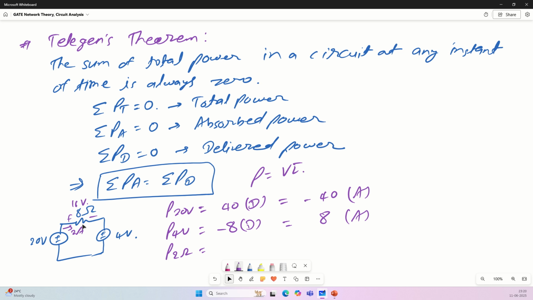Now across a resistor you always write that it will be always absorbing. Okay. It means what is the power that is absorbed in this? It will be V into I. So 16 into 2, that is 32 watt. So it will be minus 32 watt delivering and 32 watt absorbing.